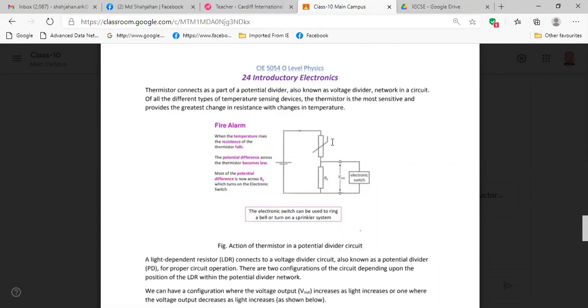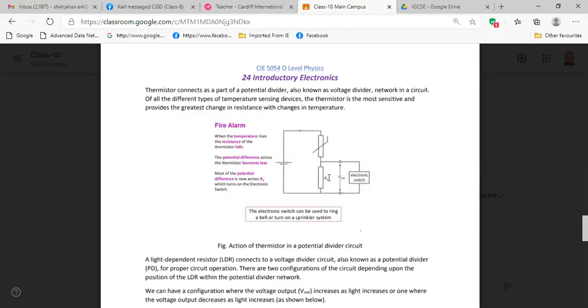The voltage sharing across the thermistor will also be less. If the voltage sharing is less here, that means the output will be more here, right?